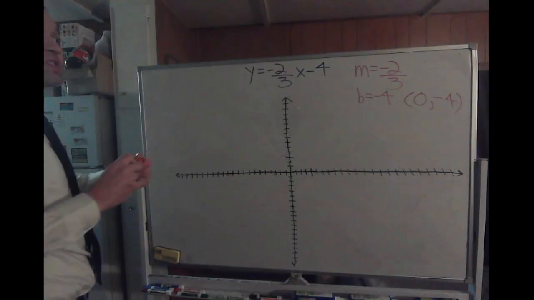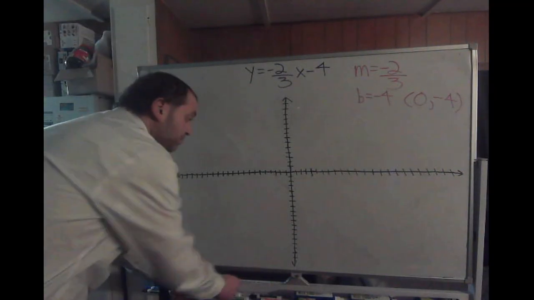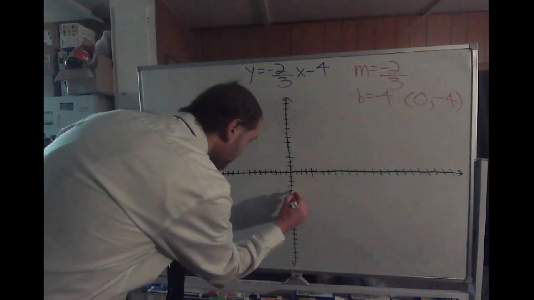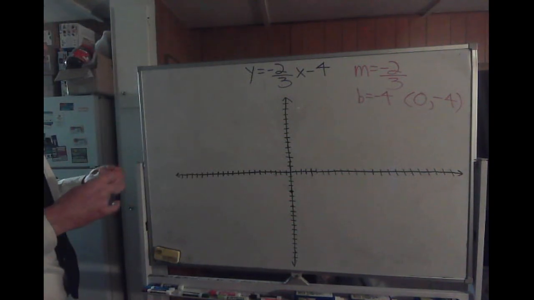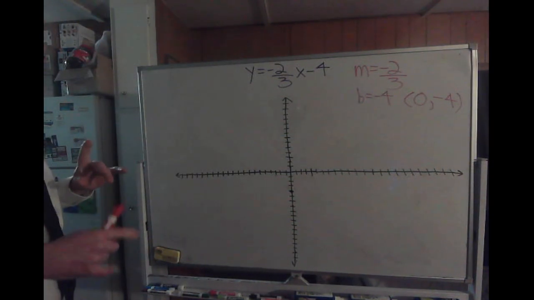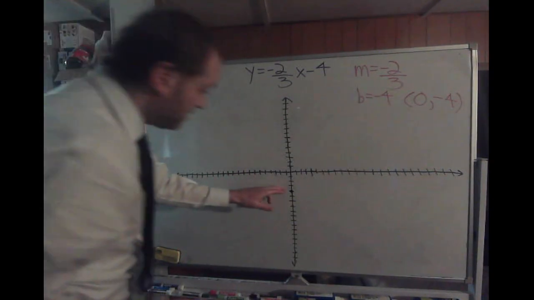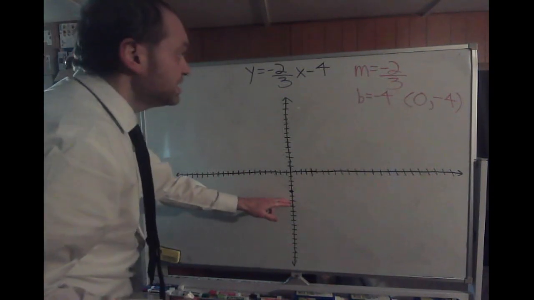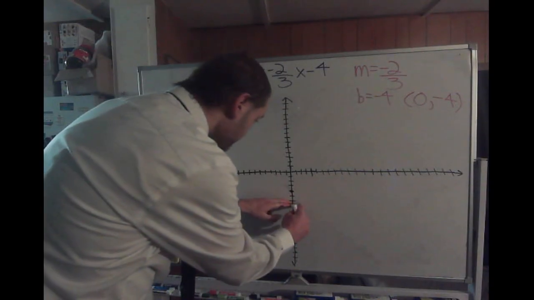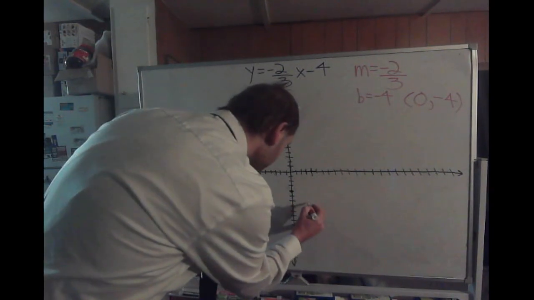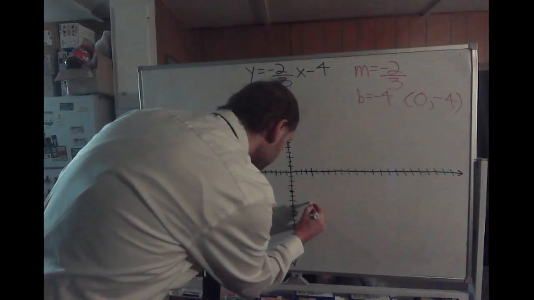So now we know the slope and the y-intercept. Let's go ahead and plot the points. Here's your y-intercept of 0, -4. Now your slope, if it's -2/3, that means you fall down 2, which would put you at 0, -6. Then go over to the right 3, that would put you at 3, -6 for your next point.